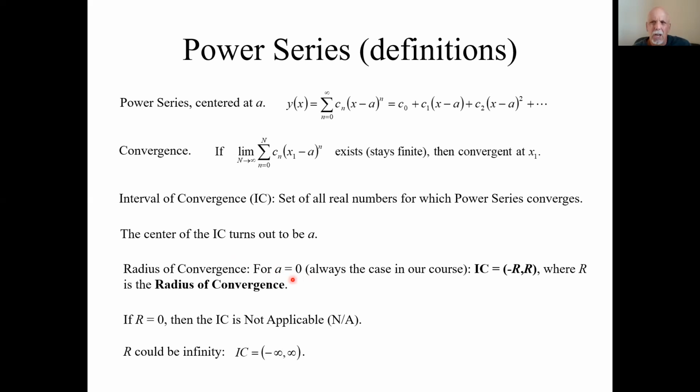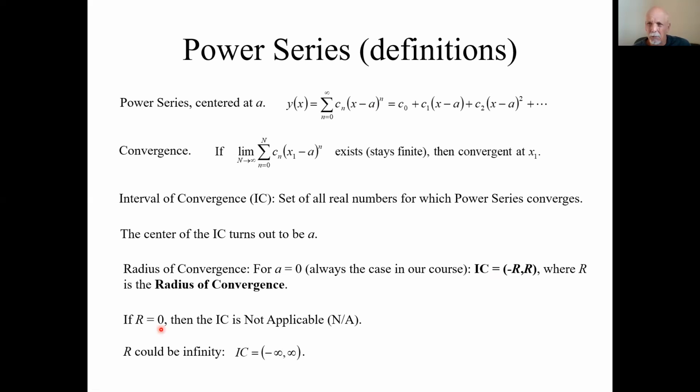We're always going to pick a equals 0 for subsequent use in this course. In that case, the interval of convergence is always from minus r to r, where r is the radius of convergence. We'll talk about how to compute that in a minute. So this is what the interval of convergence will look like when we center it at 0, meaning we set this a to 0.